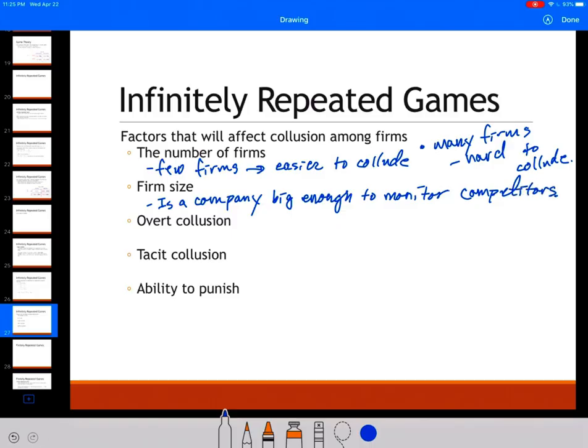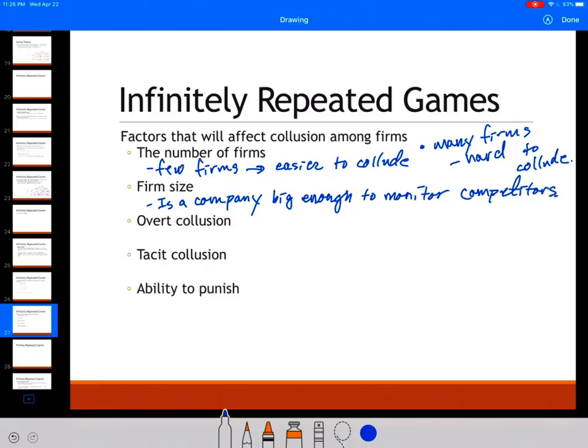If I'm a small struggling company, I don't have the time or the money to monitor my competitors to see if they're adhering to any sort of collusive agreement. But if I'm a big firm with lots of money, then yeah, I can hire a staff. I can hire some lawyers. I can say, hey, go sniff out what they're doing and figure out if they're breaking our, again, illegal collusive agreement.